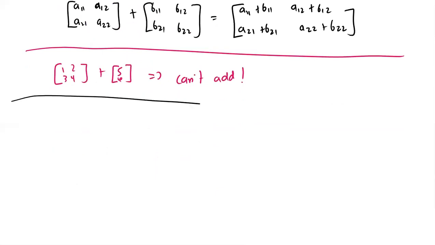Now, we also have to define matrix multiplication. However, we're just going to define it in the case when we're multiplying a 2 by 2 matrix by a 2 by 1 vector. So what if we want to find something like this? Multiply A times, let's say, x, where x is a vector and A is 2 by 2.